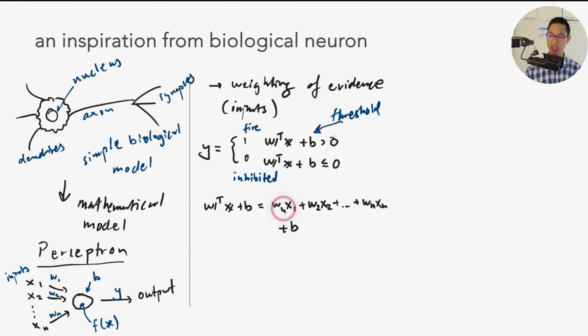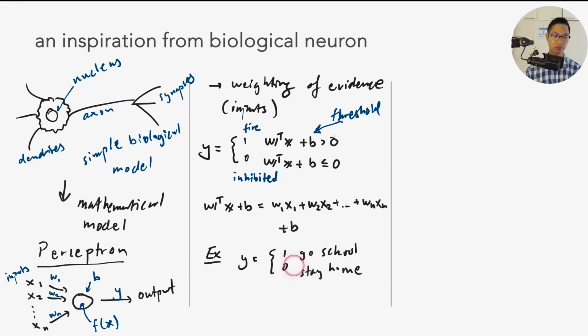While if w1 is small, then this term is not as important. You weigh them all together and add the b and see if it's larger than 0 or not. If it's larger than 0, we have fire. Otherwise, it's inhibited.